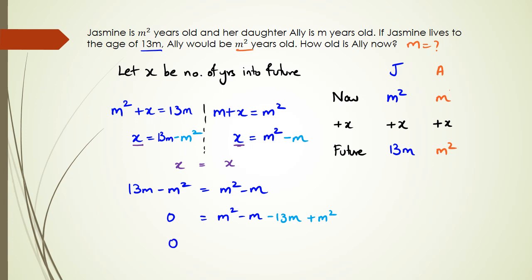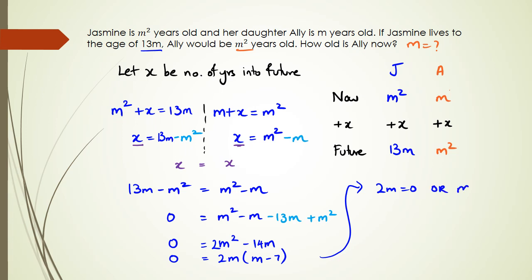Simplifying this, I have 2m squared minus 14m equals 0. Factorizing this, I've got 0 equals 2m times (m minus 7), which means 2m is equal to 0, or m minus 7 equals 0.